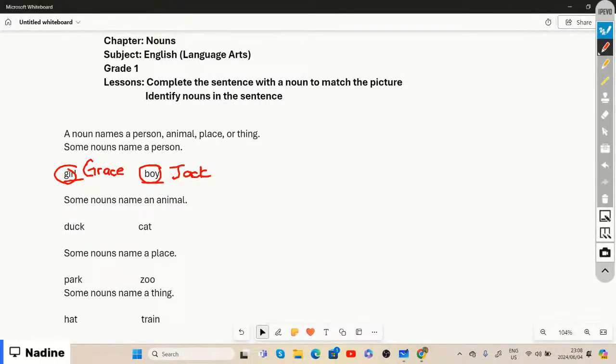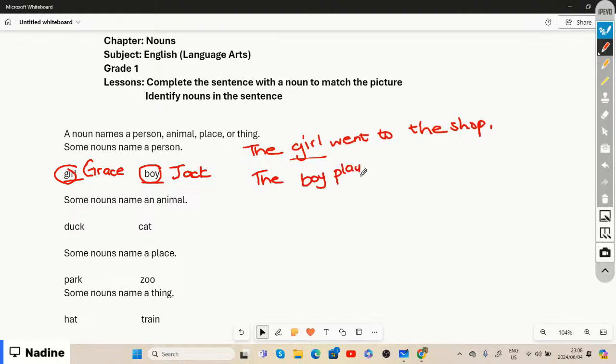It's like saying, the girl went to the shop. So the girl is our noun that we have identified within that sentence. Or the boy plays with his ball. Then boy is the noun within that sentence, right?